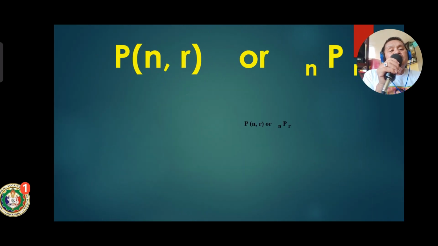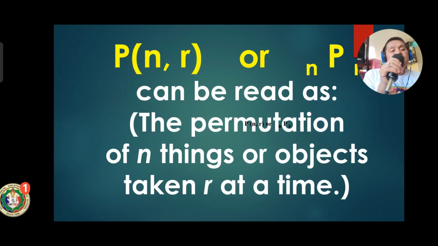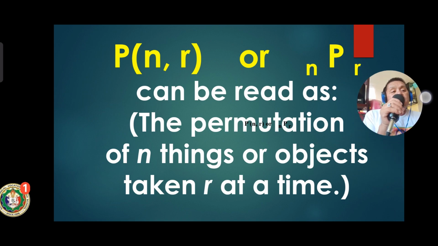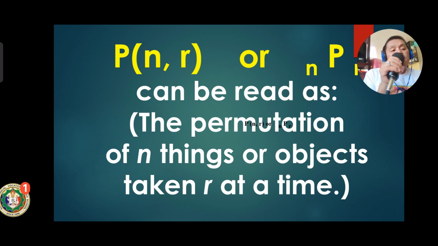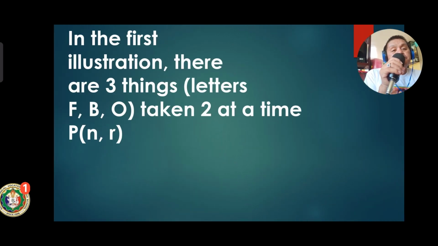This can be read as the permutation of n things or objects taken r at a time.